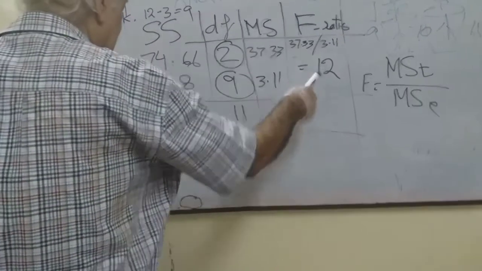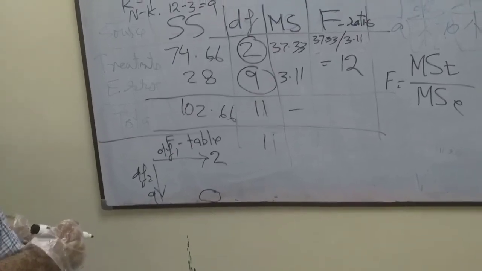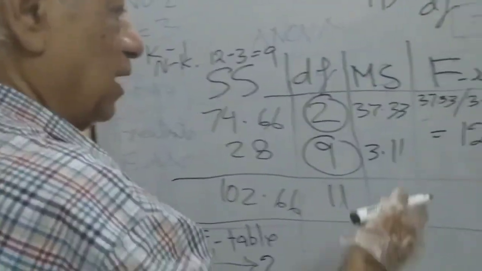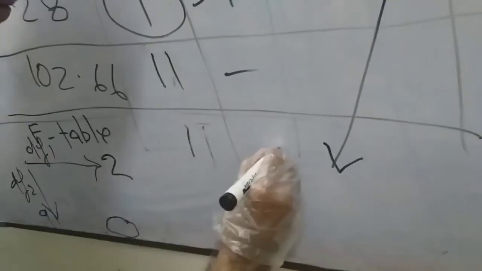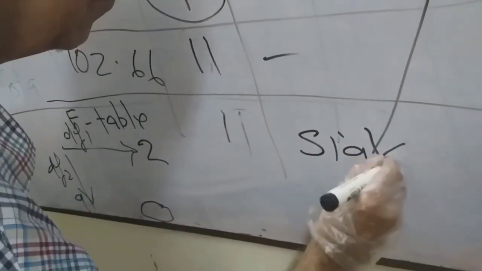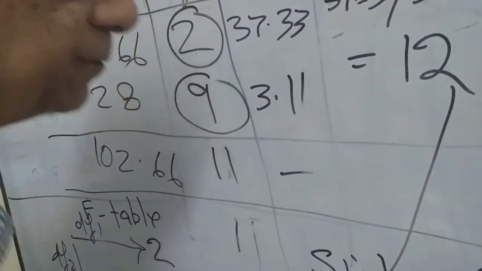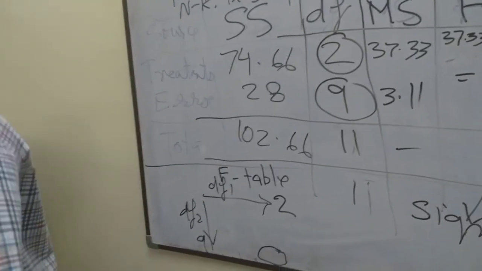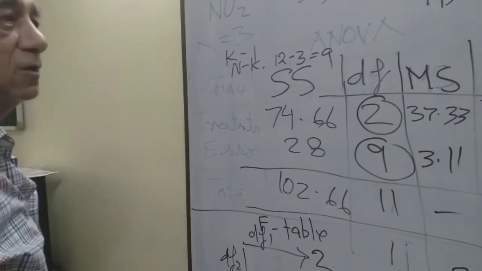This value is larger than the F value in the table. Take my word for it, I don't have the table right now. But this value is much larger, therefore it is significant. In other words, there is a significant effect of treatment. There is significant effect of treatments which are sulfur dioxide and nitrogen peroxide on the plant growth.